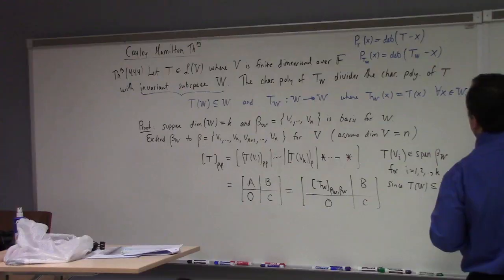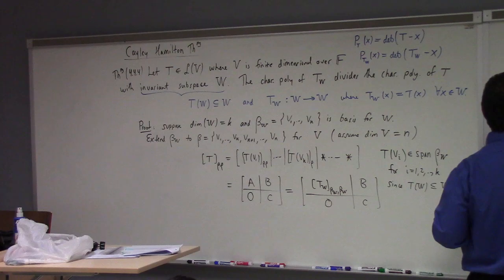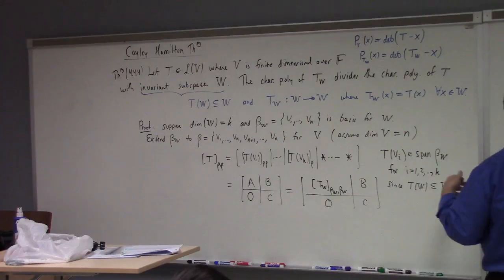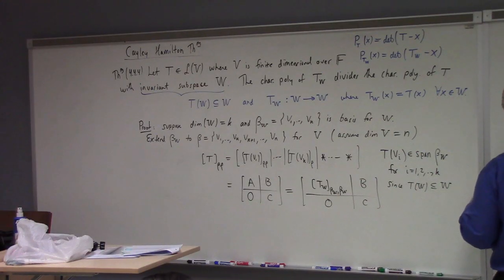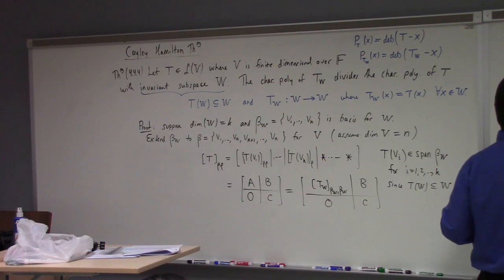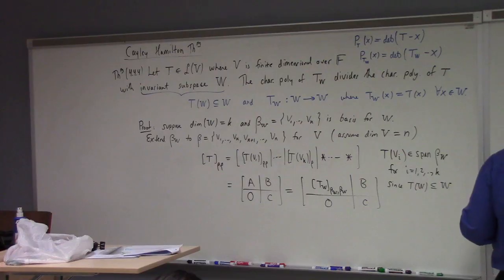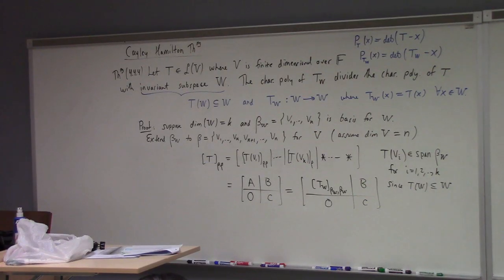And we can calculate P sub T of X as the determinant of A minus X I_K up here, there's a B, there's a 0, there's a C minus X times, how big is that one? Well, N minus K, right?